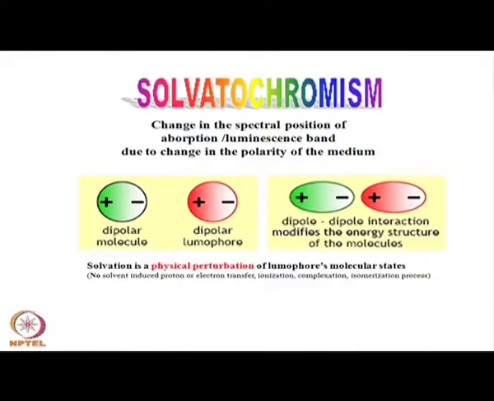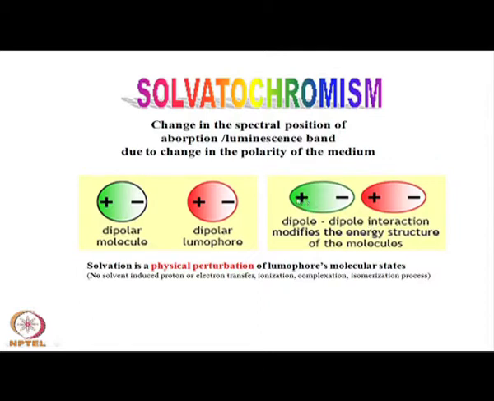Now you see that this is a dipolar molecule, and of course the absorption and luminescence bands change due to the change in polarity of the medium. So the change in spectral position, that is of the absorption and luminescence band, due to change in polarity of the medium is very important; that is called solvatochromism. Now this is a dipolar substance which can luminesce, and there is dipole interaction.